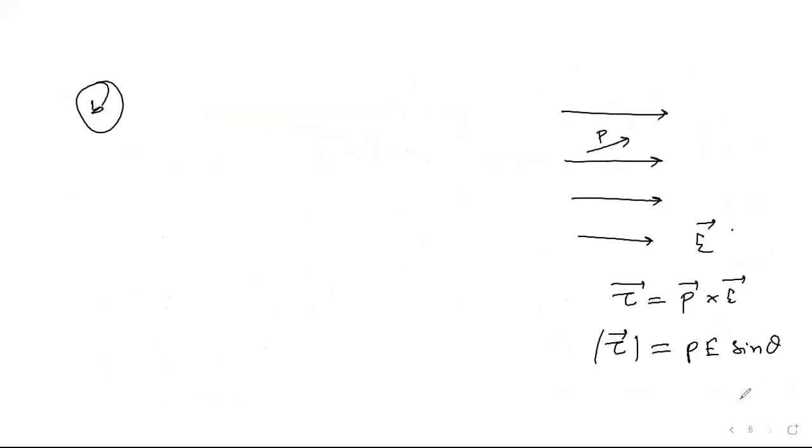Now, as you know from this expression, the magnitude of torque is equal to PE sine theta. So the torque is maximum for a given dipole in a given electric field when theta is 90 degrees, right? Because for theta 90, sine theta has its maximum value of 1.